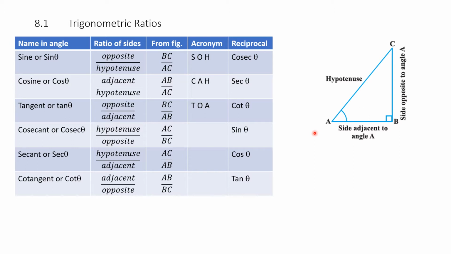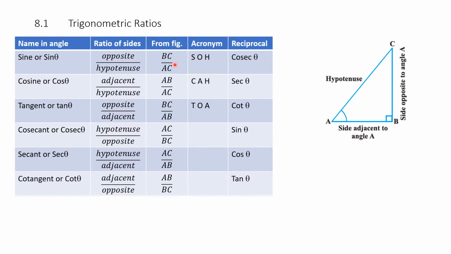Let us first define the angle sine or sine theta. Sine theta is defined as a ratio of opposite side by hypotenuse side. Say for example, if angle A is represented as theta, then sine theta is opposite side, that is BC by hypotenuse. Hypotenuse is AC.